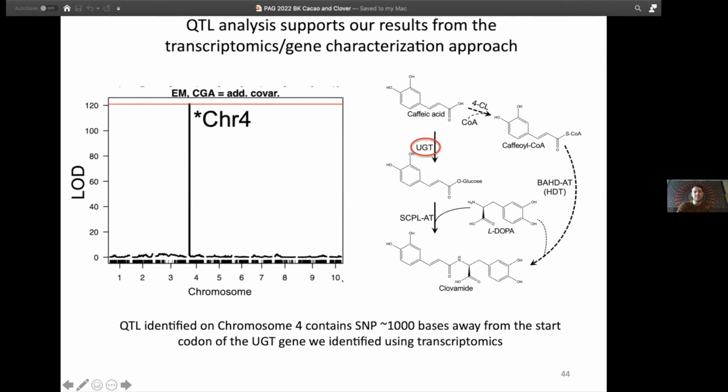The signal is only 2 SNPs, and one of the SNPs was within 1,000 bases of the start codon of the UGT that we identified in the earlier steps. So it was good support for the UGT that we identified from transcriptomics and the expression in Nicotiana benthamiana experiment.